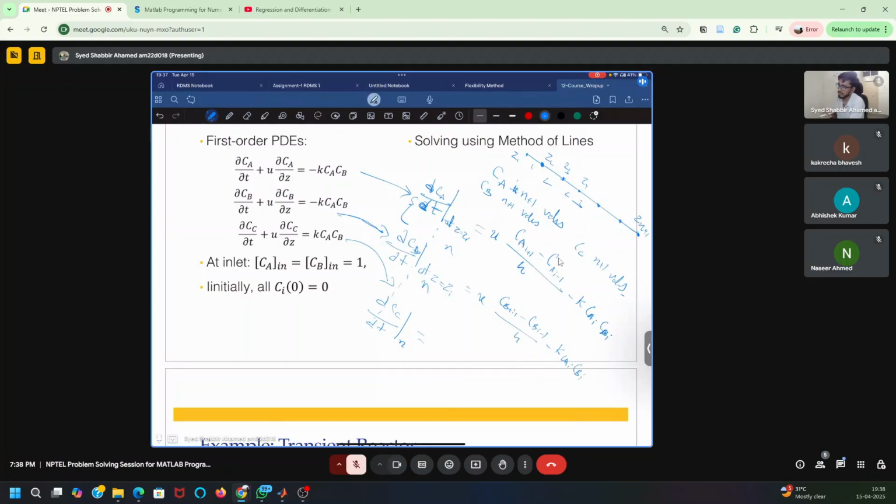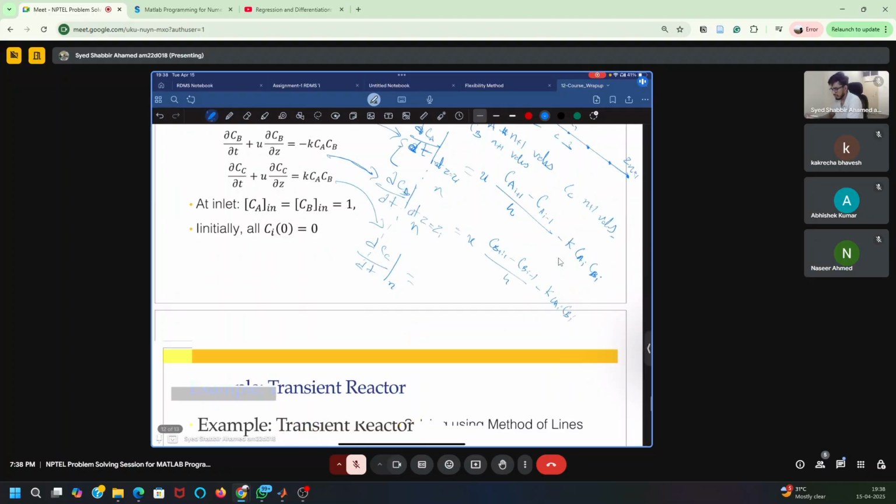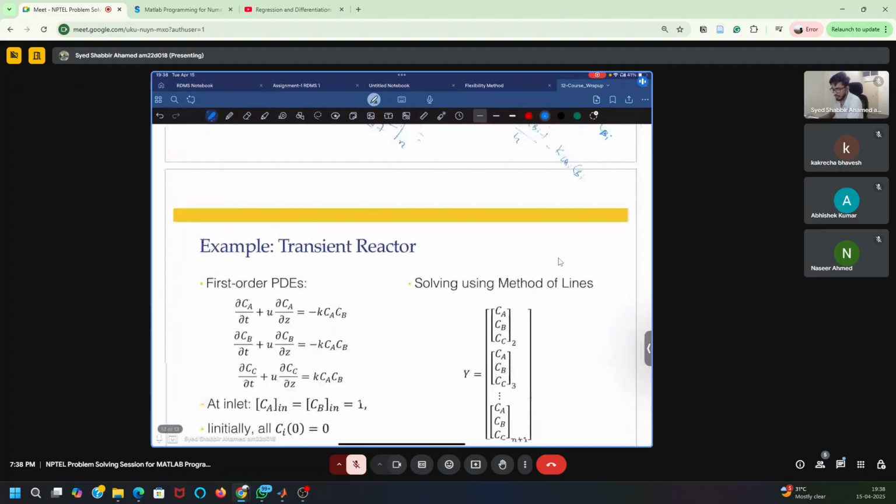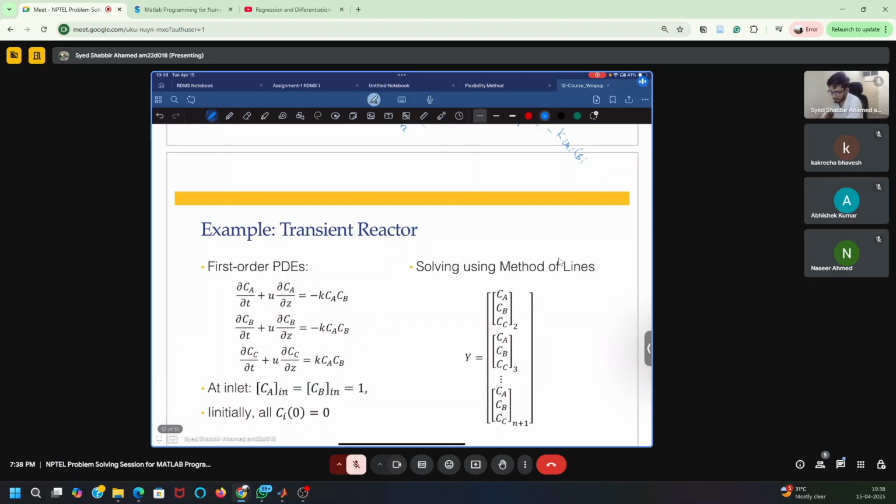Basically, you are going to solve three n equations at the same time, and then you will get the solution. So that's what we were doing. Last week also we were doing the same thing, but in addition to CA, we have CB and CC also here. And the solution vector, here we have assumed like this.